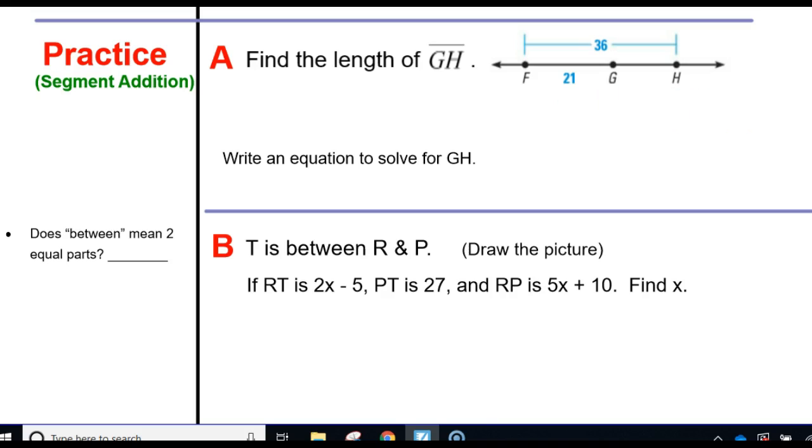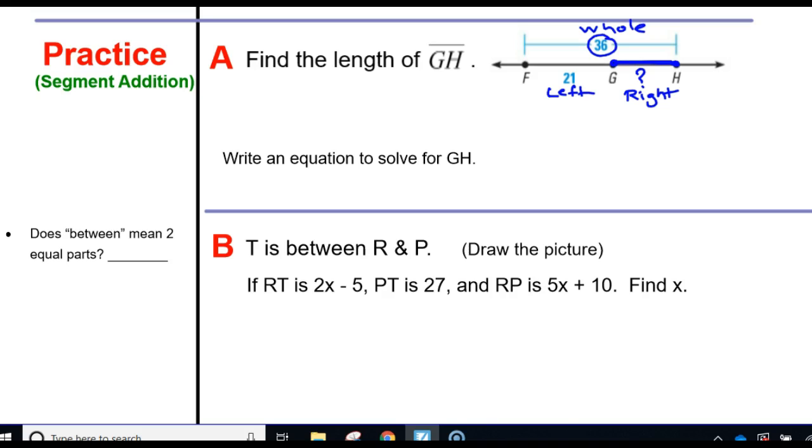Over here we're given our diagram. When we look at our picture, we need to find G, we need to find H, and then this one in the middle, that is what our question mark is. Do you notice that we have a left part, a right part, and right up here we have the whole segment?